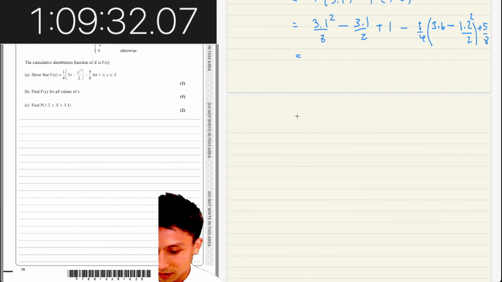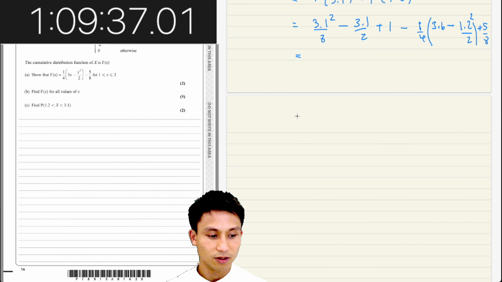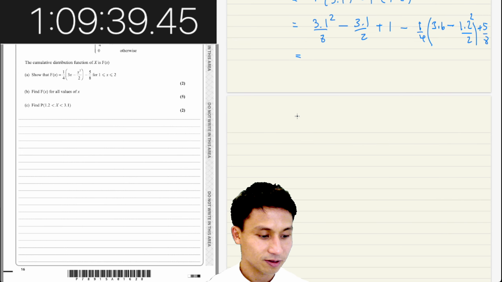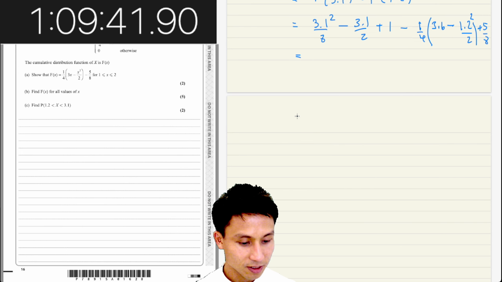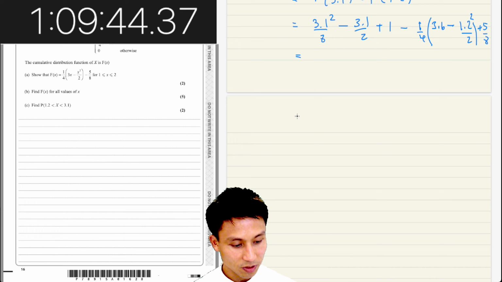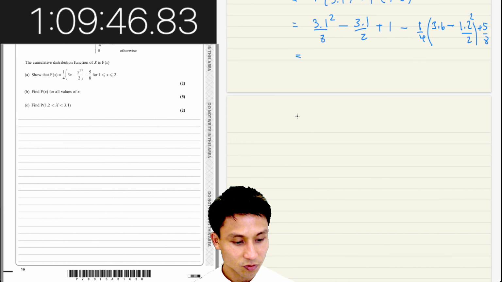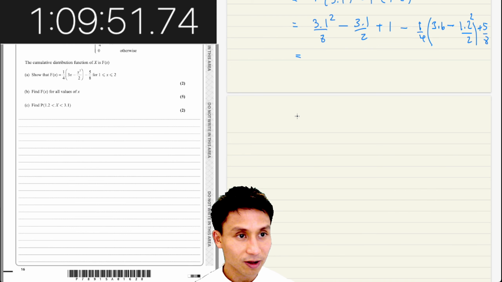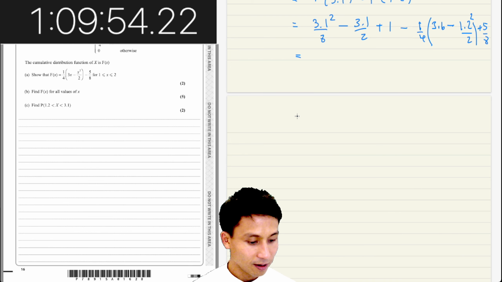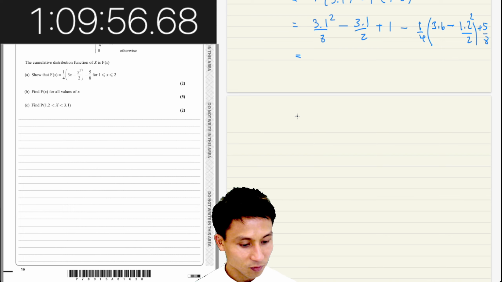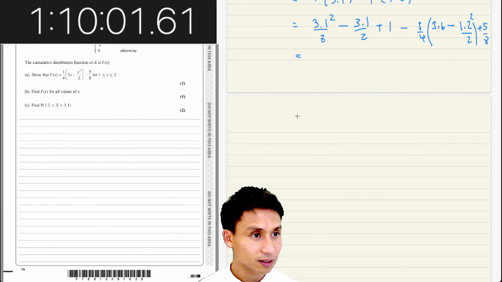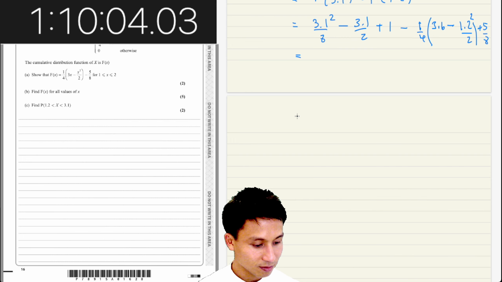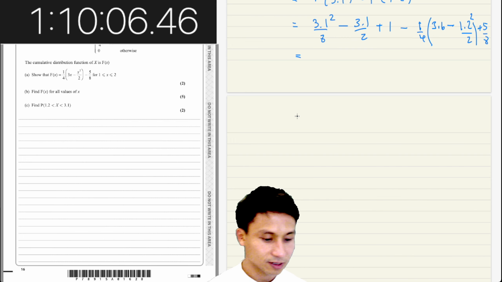So 3.1 to the power of 2 over 8 minus 3.1 over 2 plus 1 minus 0.25, which is 1 over 4. 3.6 minus 1.2 squared over 2, and then close bracket plus 5 over 8.